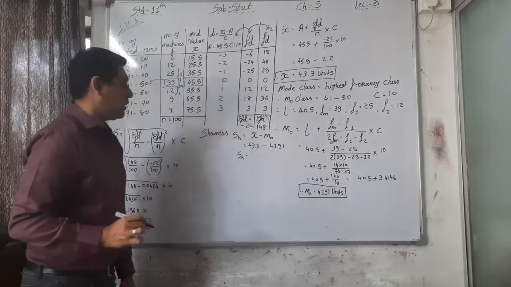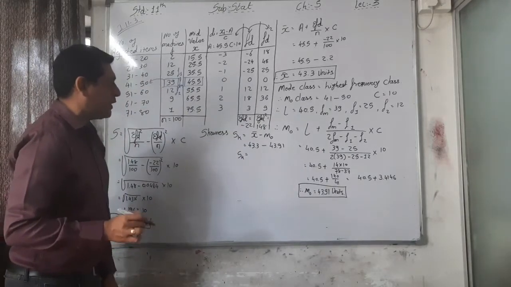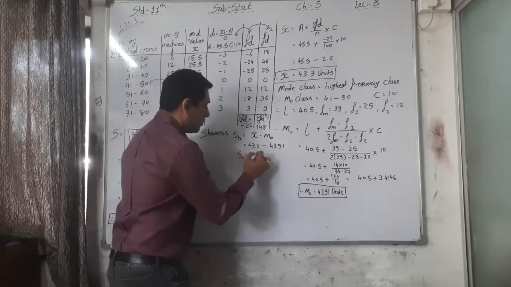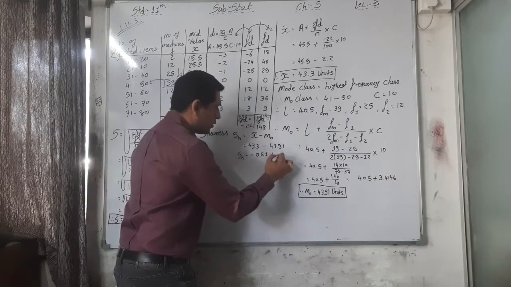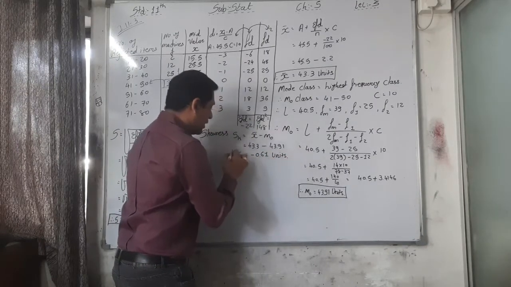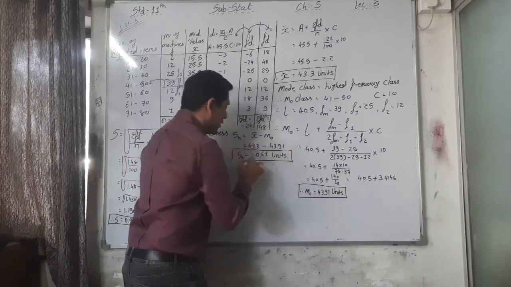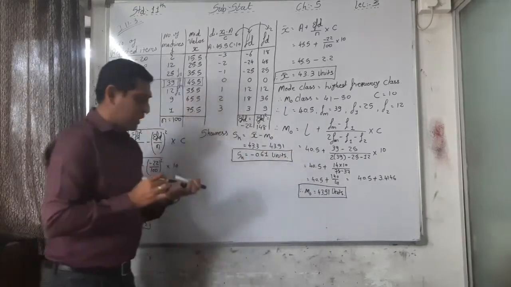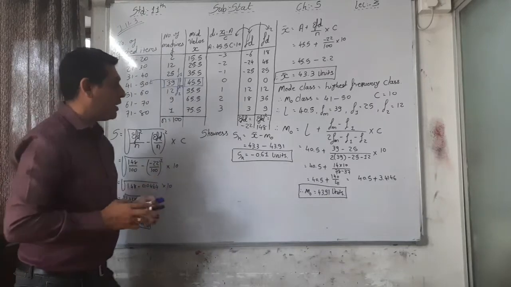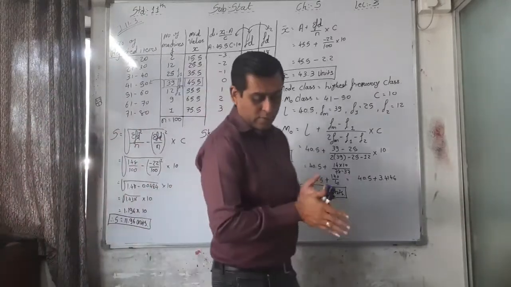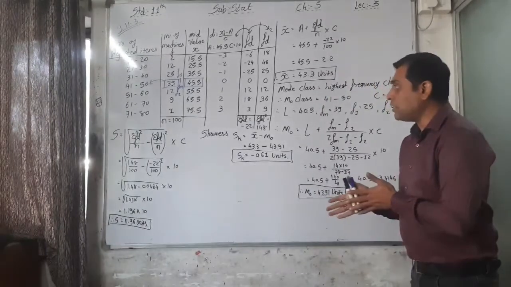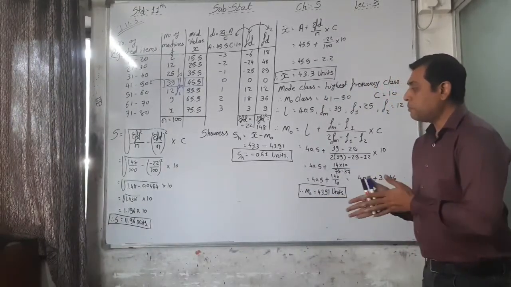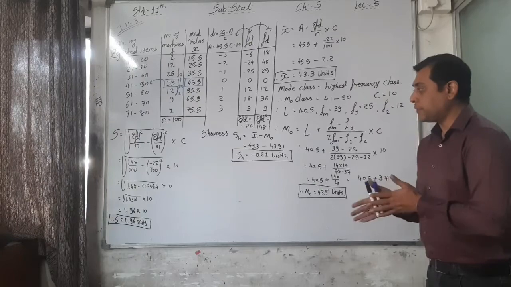So the skewness is minus 0.61 units. Or you can see here the skewness is negative. Minus 0.61 is the skewness of this sum, minus 0.61 units.